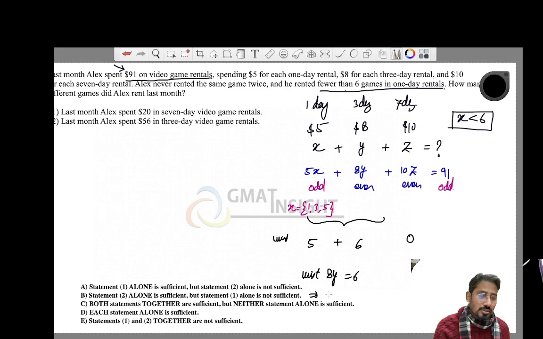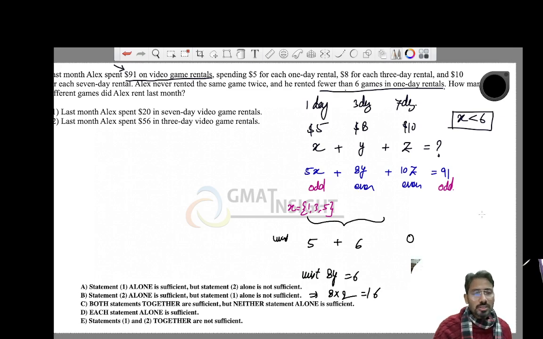That means 8 multiplied by 2 is 16, unit digit 6, right? That means there is a possibility that y is 2, but it may not always be 2, it may be something other than that as well.